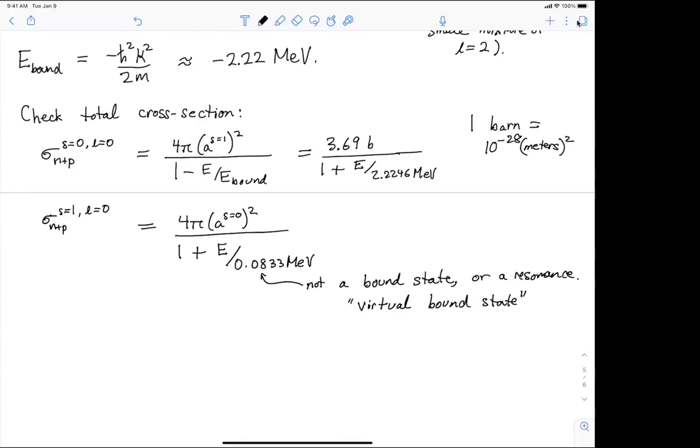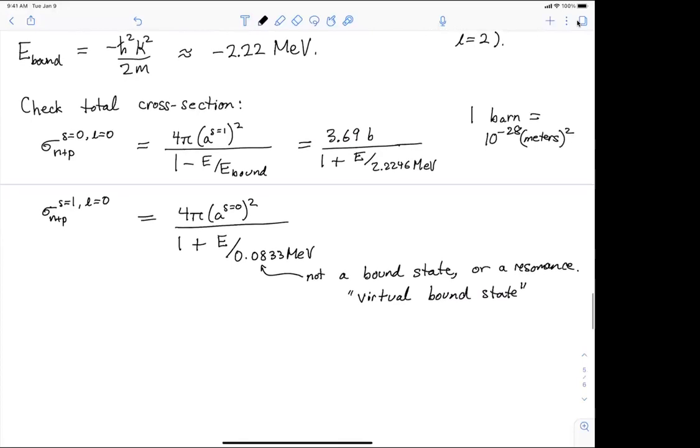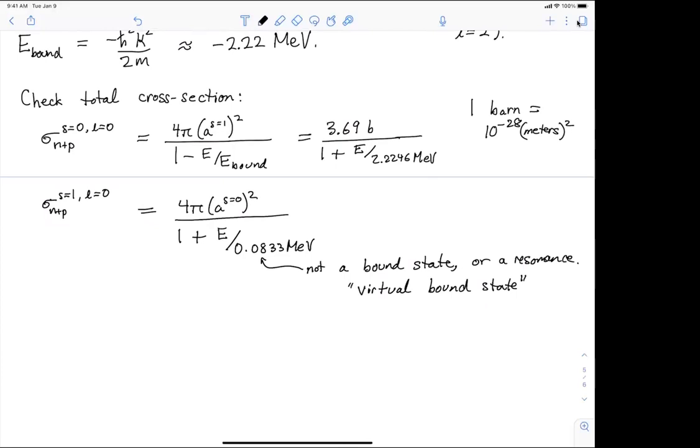There are 3 different things. One way you can think of it is as something that would be a bound state if the potential were just a little bit stronger, right? But the way it works is if you see a pole, you can't be guaranteed that there's a bound state. But if you know there's a bound state, then there has to be a pole.